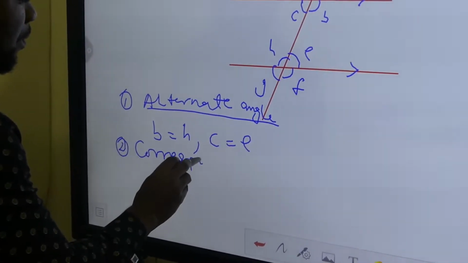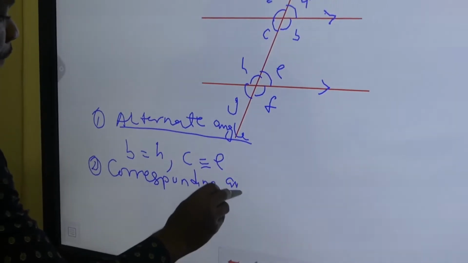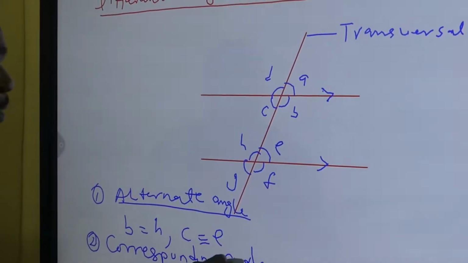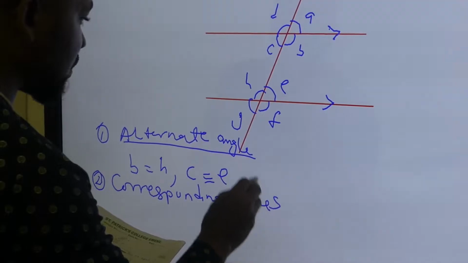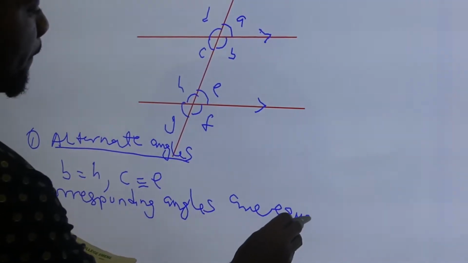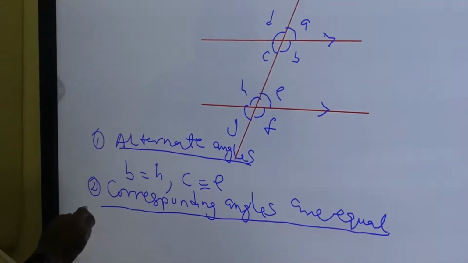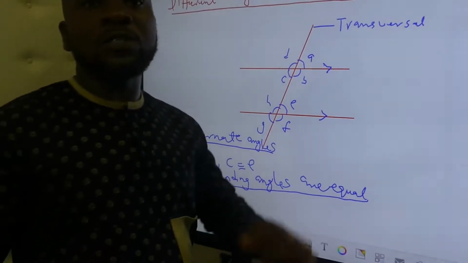Number 1. Number 2 is corresponding angles. Corresponding angles are equal.